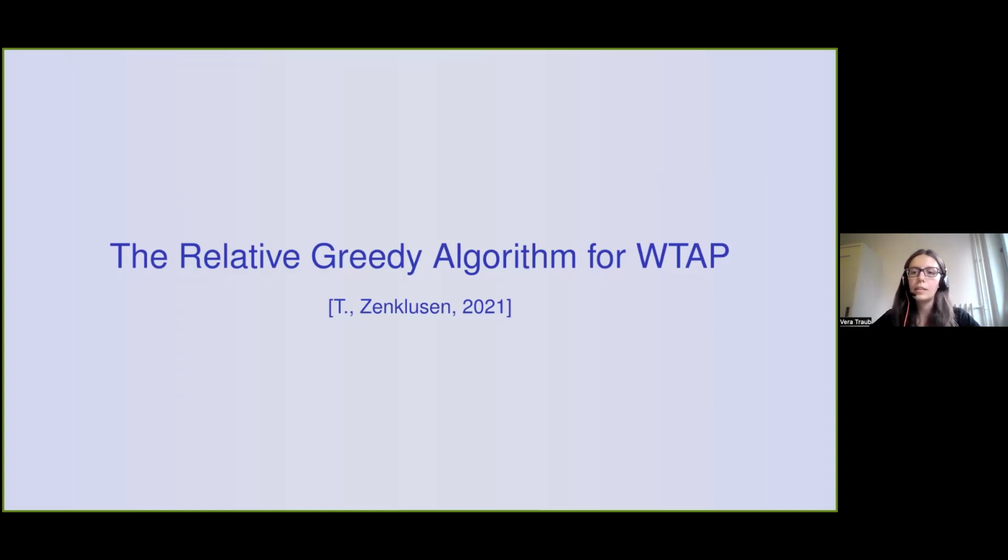The general idea of such relative greedy algorithms is that we start with some rather weak but highly structured approximate solution. So in this case, we will start with some 2-approximation that is going to be highly structured. And then in the course of the algorithm, we replace parts of the starting solution by some better components, and this way improve the approximation guarantee of our solution.